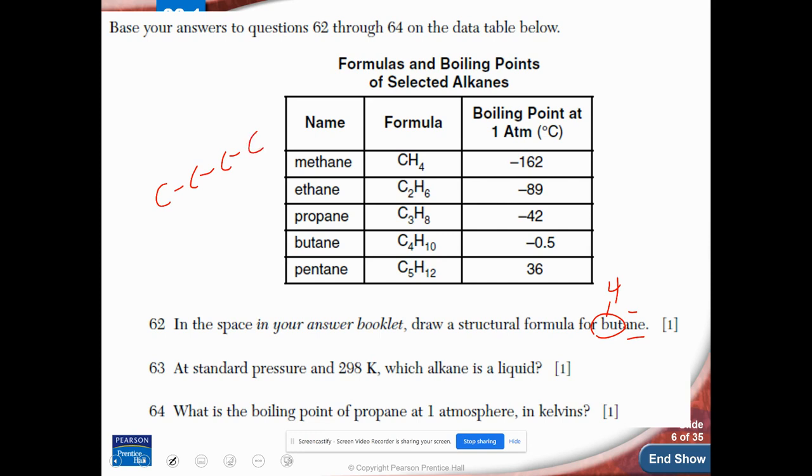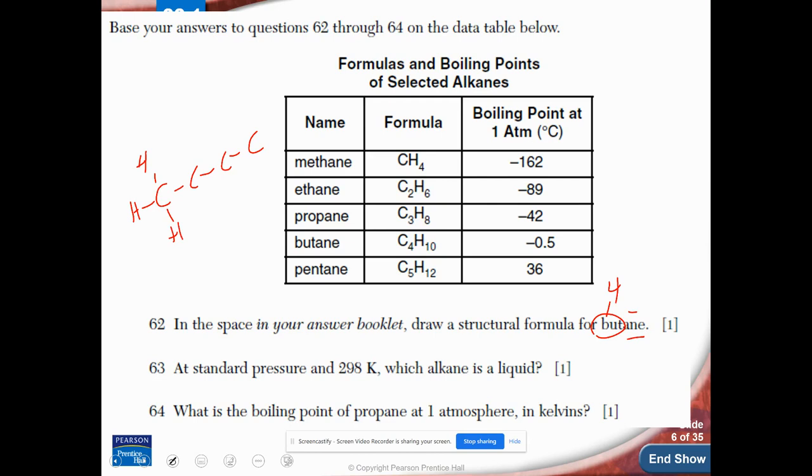Now, the last thing I need to do is make sure that every carbon has 4 bonds around it because it needs to have a stable electron configuration. This first carbon only has 1 bond, so it needs 3 more. And those are going to be where my hydrogens go in the hydrocarbon.